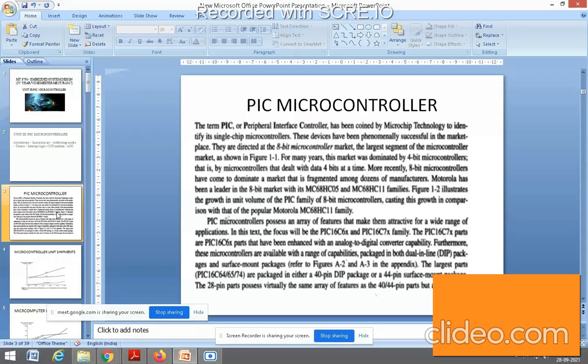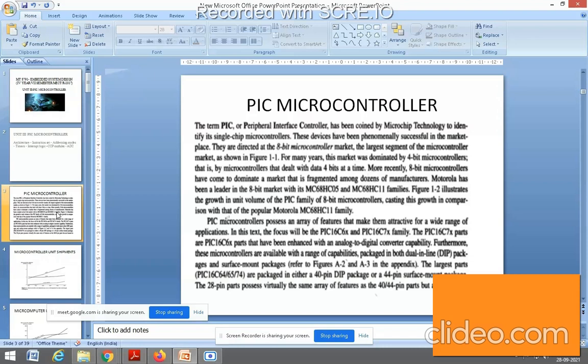Furthermore, these microcontrollers are available with a range of capability, packaged in both dual inline package and surface mount package. I think you all know what a dual inline package is. A normal IC packaged with pins on both sides is a dual inline package. Surface mount means the surface of the IC looks like a round shape, like a transistor.